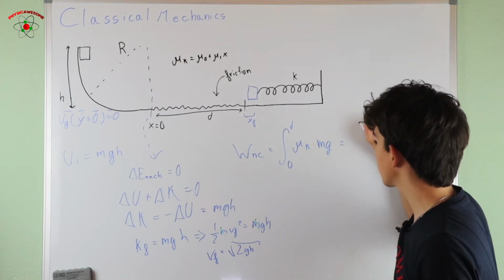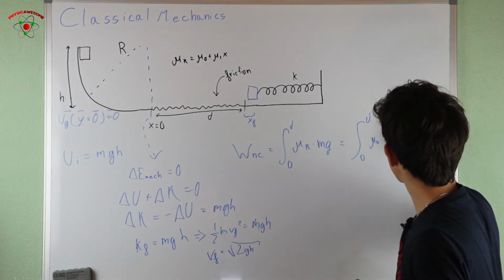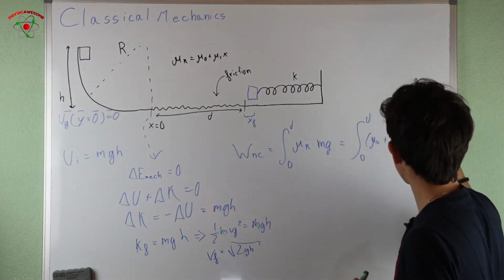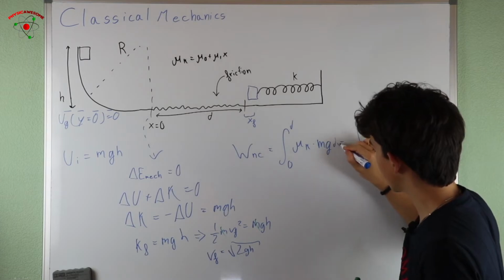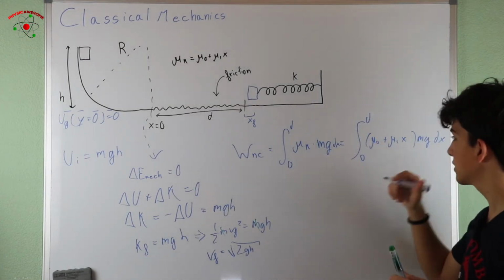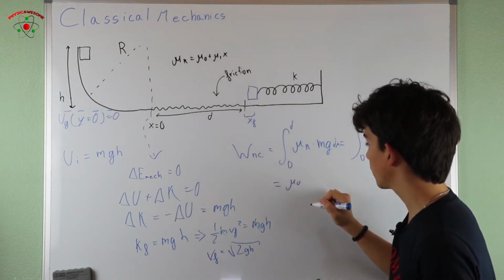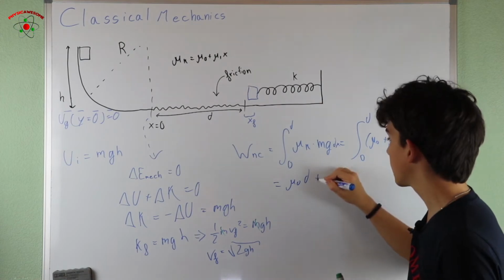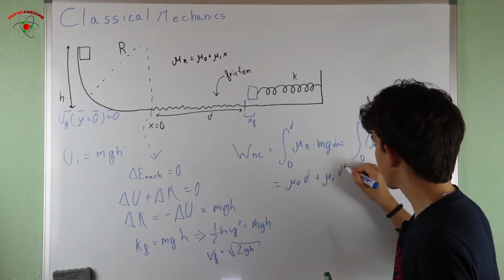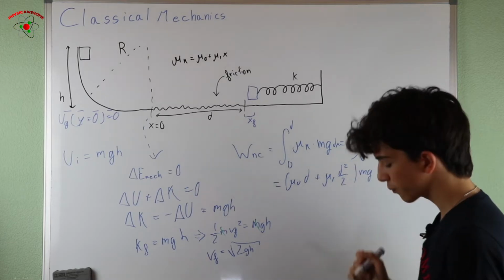Now if we expand this expression, it's the integral from 0 to d of (mu0 plus mu1 x) times mg dx. So we can easily solve this, and we find it is equal to mu0 times d plus mu1 d squared over 2, all of it multiplied by mg.